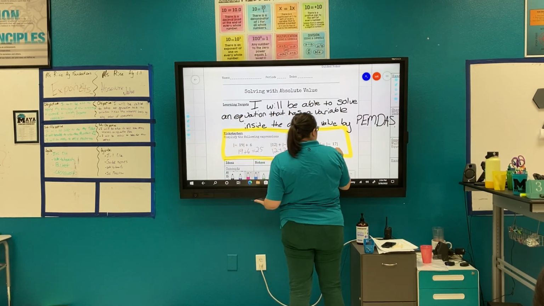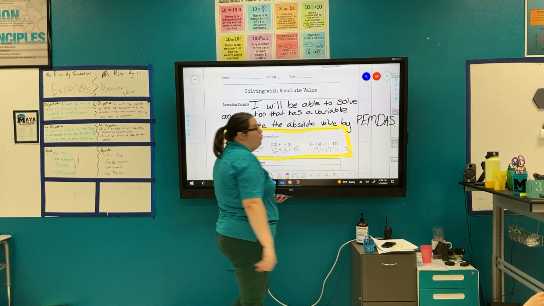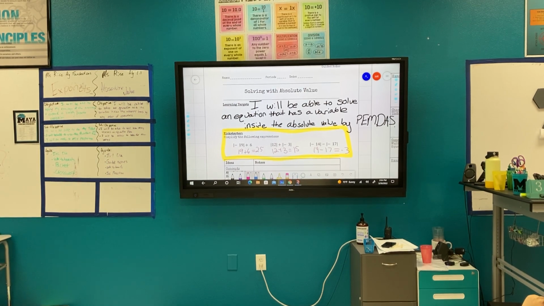Perfect. Negative 3. If you made an error or didn't get to one of them, I need you to write it down now. When you are ready to move on, I need your pencil down so I know I can go on. Okay, it looks like we're all good.